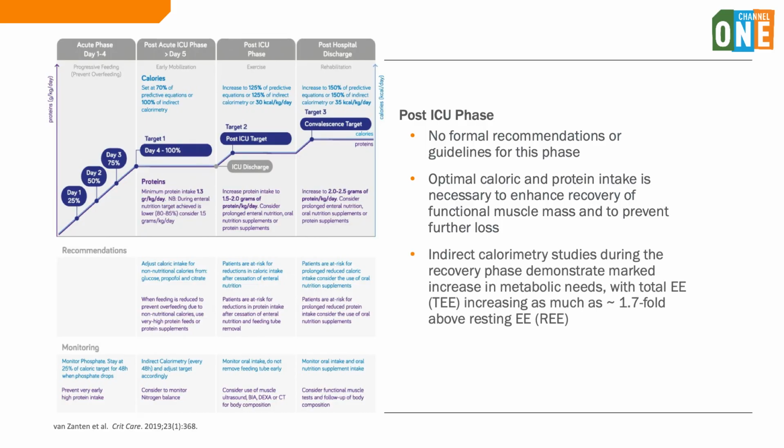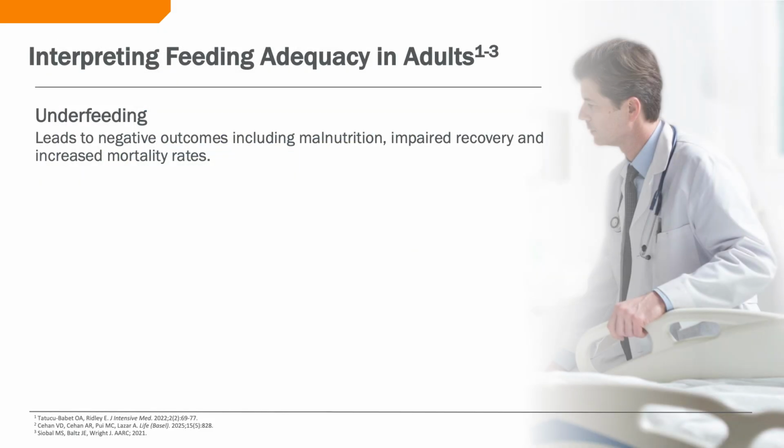Indirect calorimetry studies during the recovery phase demonstrate a marked increase in metabolic needs, with total energy increasing as much as 1.7-fold above resting energy expenditure. And then the last phase is the post-hospital discharge phase. This is the rehab phase, where there can be an increase in calories by 150% of predictive equations or indirect calorimetry.